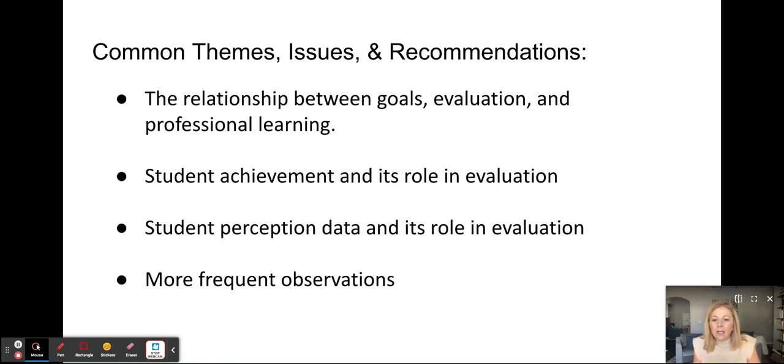And then the other issue is just more frequent observations. I see this play out in, okay, I'm a district, what is that sweet spot of number of observations, and what do we use to determine if we're going to drop off that formal observation once a teacher becomes permanent?